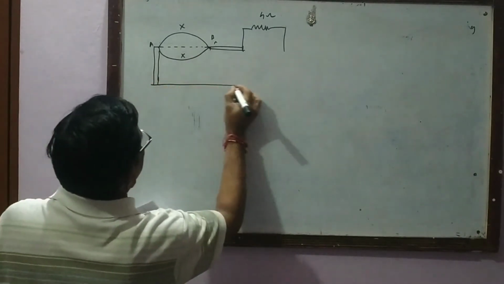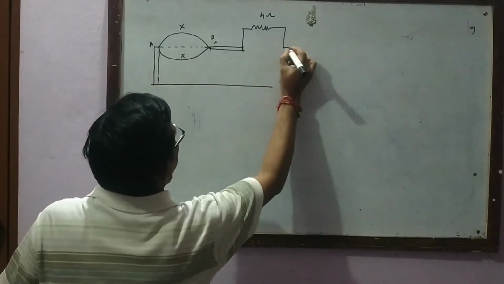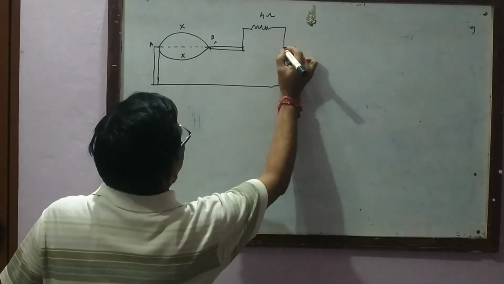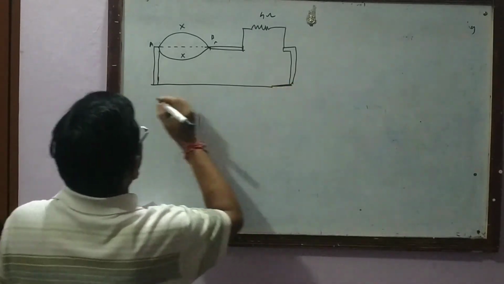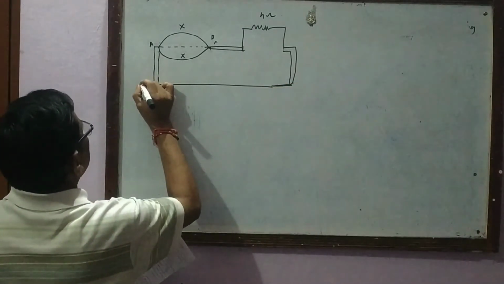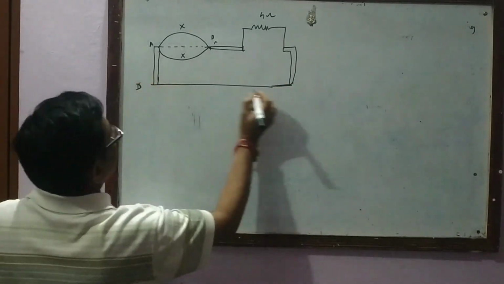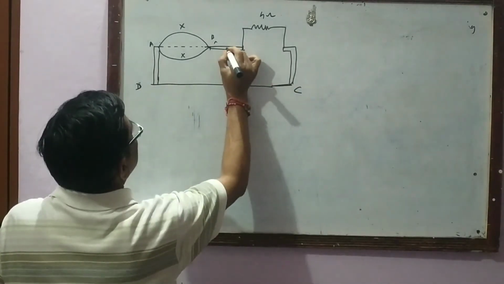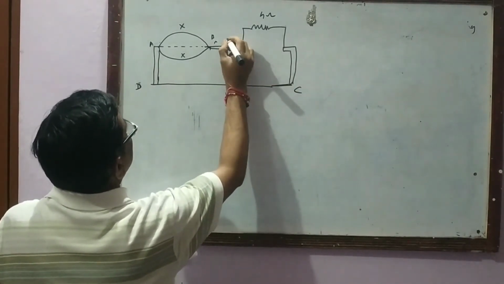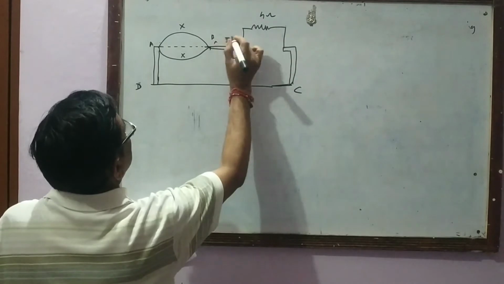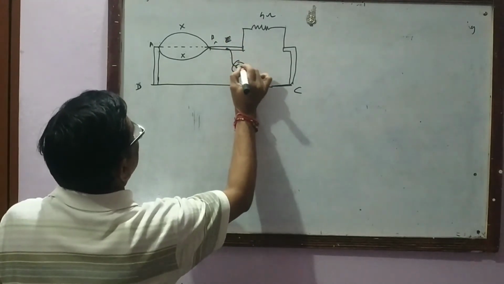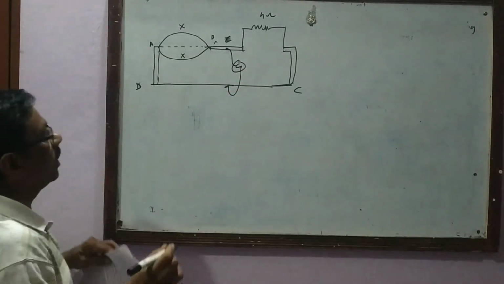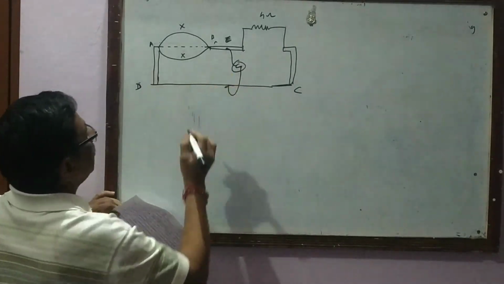Now this is the meter bridge, and this is the central point C, which is connected to the galvanometer, and the galvanometer is connected to the jockey.